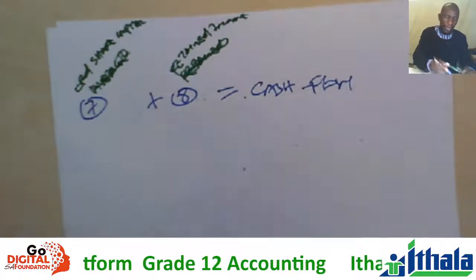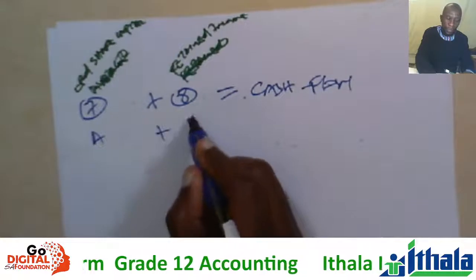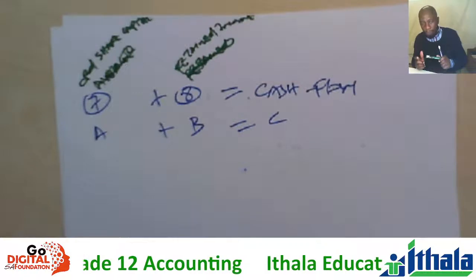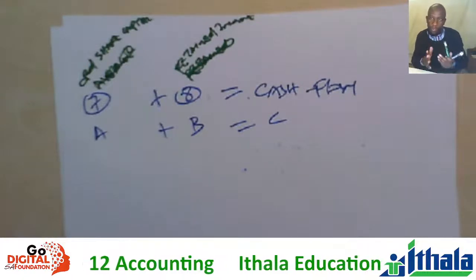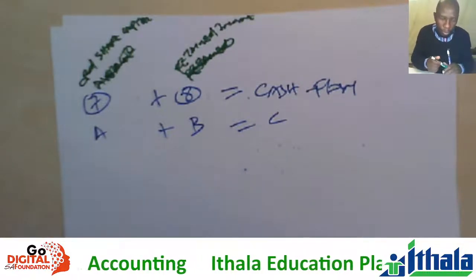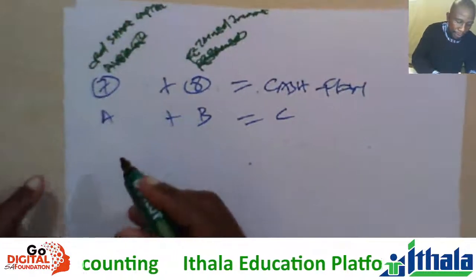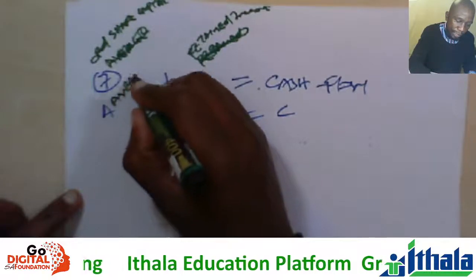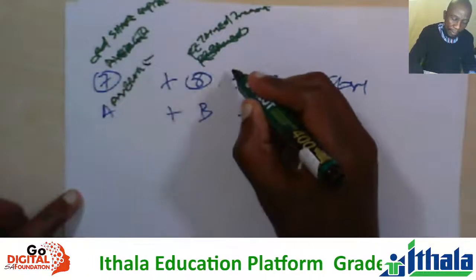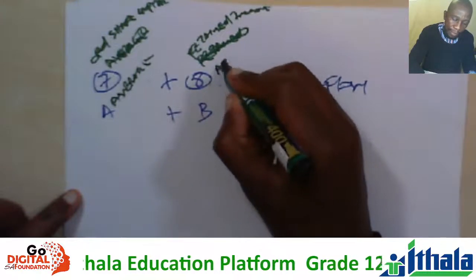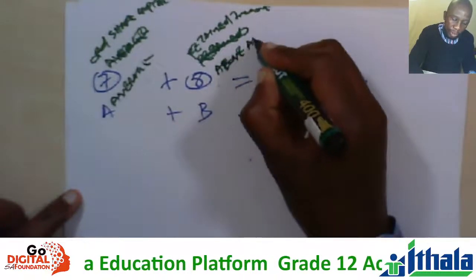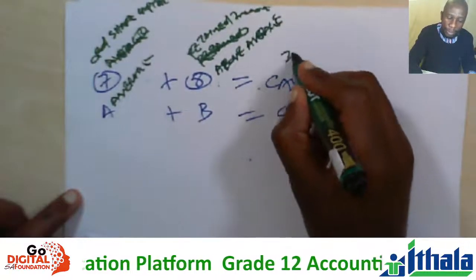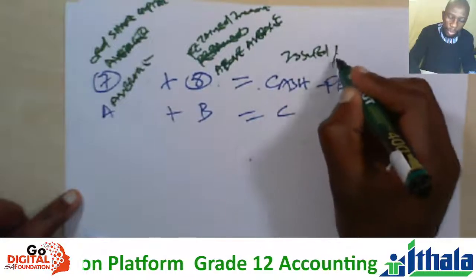So we are saying here A plus B equals C. When information is given for A, B or C, you should be able to work out the other one. So note number 7 is average, so we use an average here in terms of the buyback. Above note number 8, above average, and then note number 8, issued. I mean the cash flow issued or any payment.